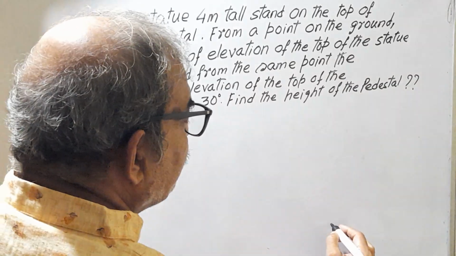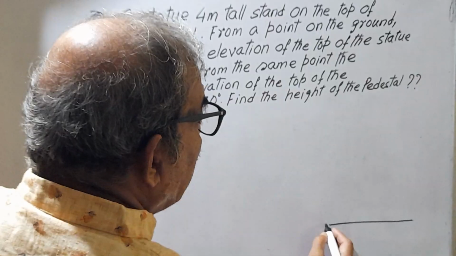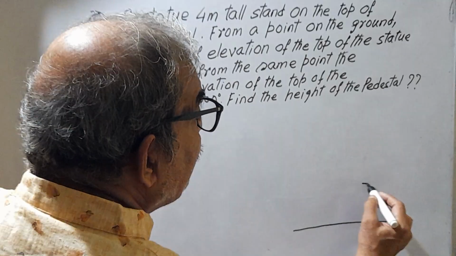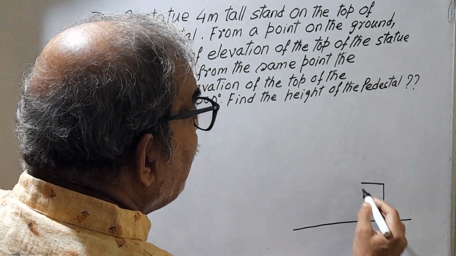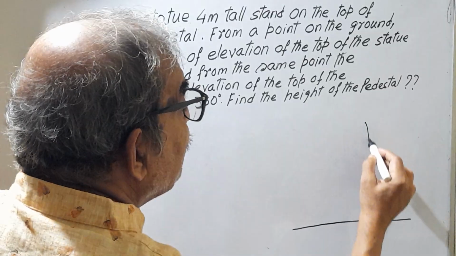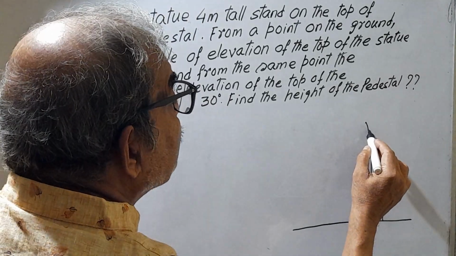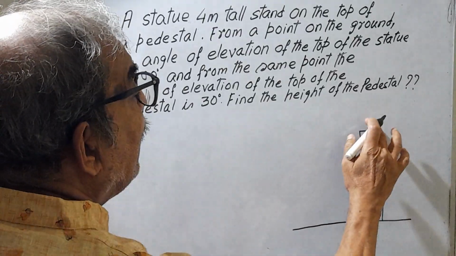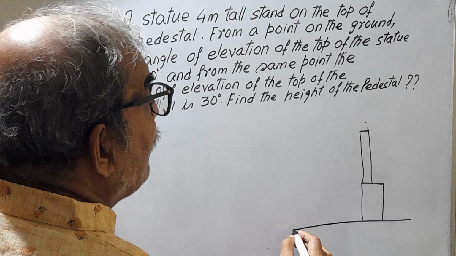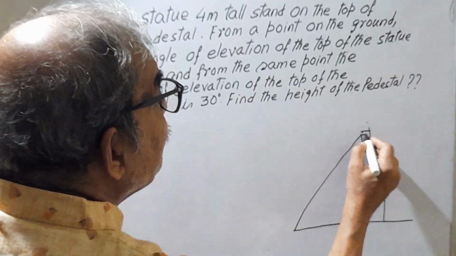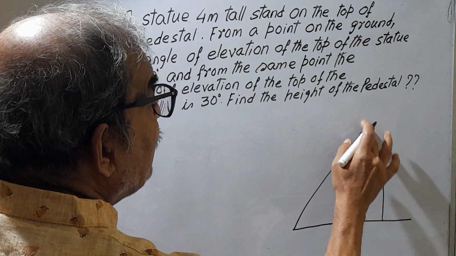See, this is ground and this is pedestal and this is statue. ये वाला स्टैचू है, सिंपल, क्लियर. Now a man observed from here to here is 60 degrees.